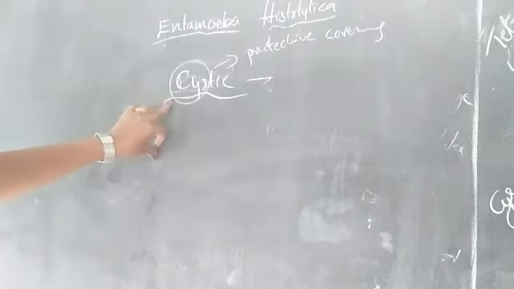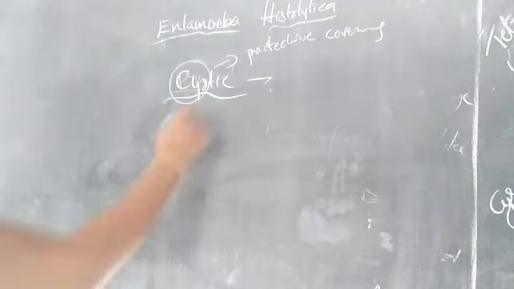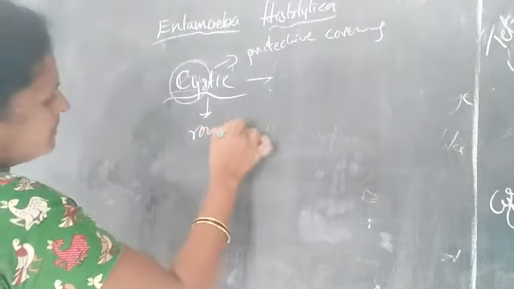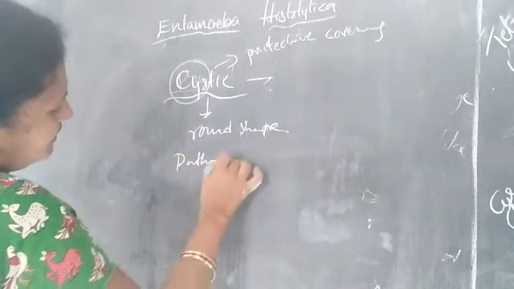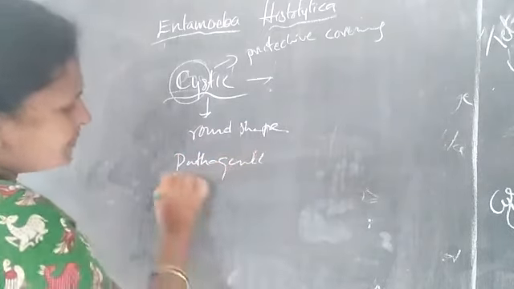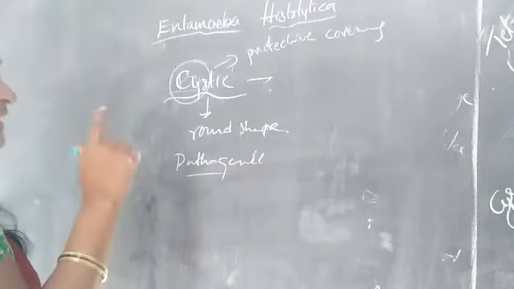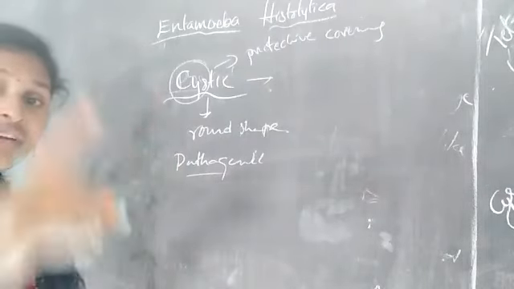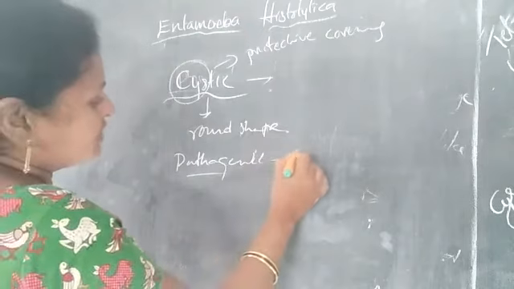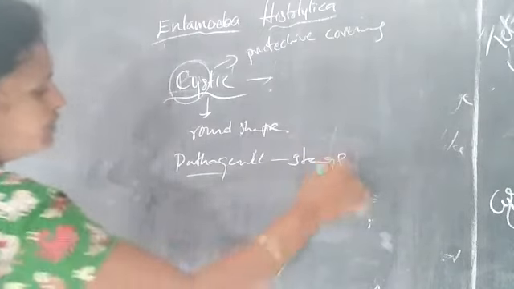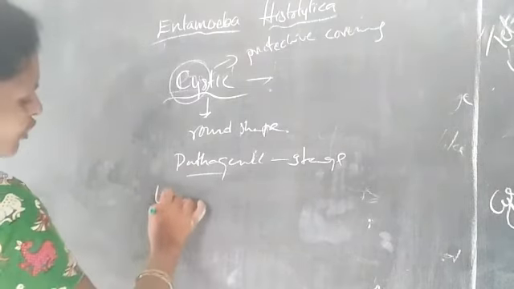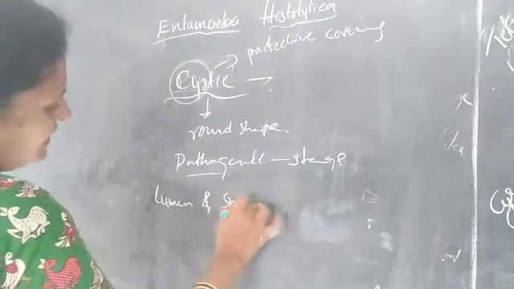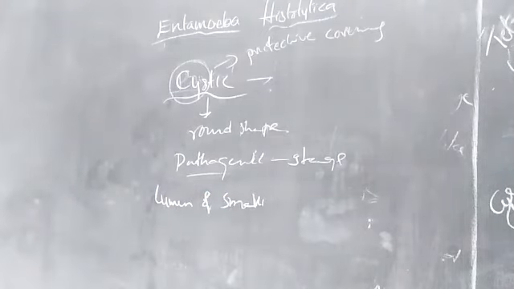It is round in shape, and it is a pathogenic stage, that is, an infective stage. Pre-cystic is the non-pathogenic or non-infective stage, but cystic is the pathogenic stage. It is also present in the lumen of the small intestine.